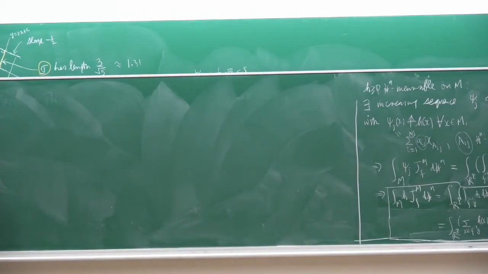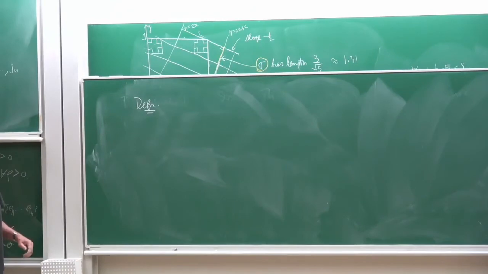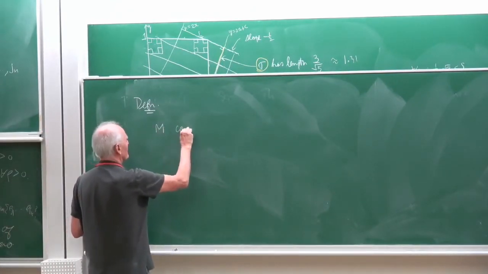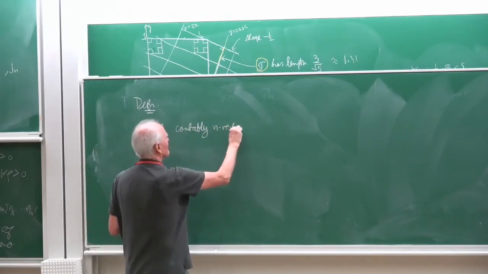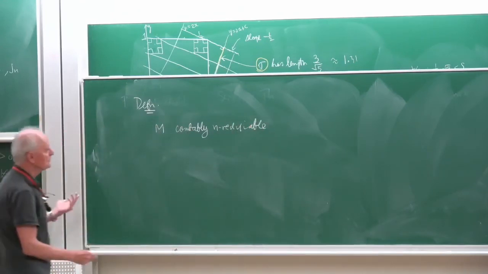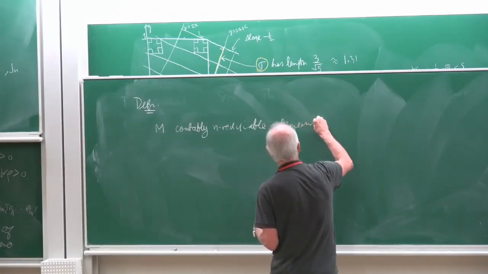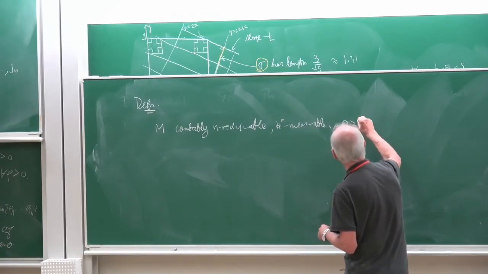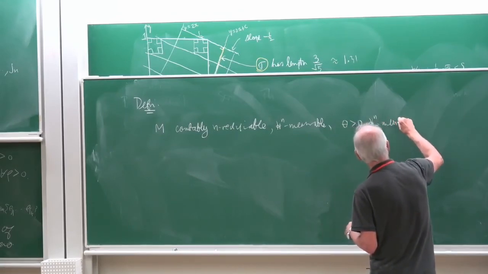So a definition: you take M to be countably n-rectifiable, and the usual assumptions, H^n measurable. And take a positive H^n measurable function theta on M, real valued.